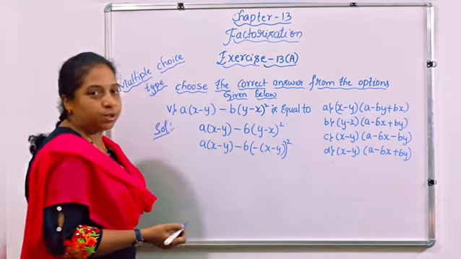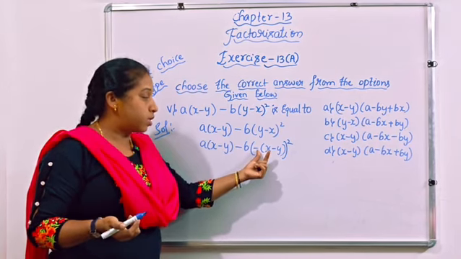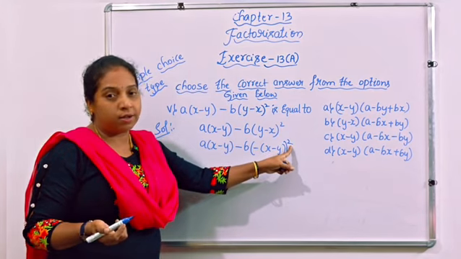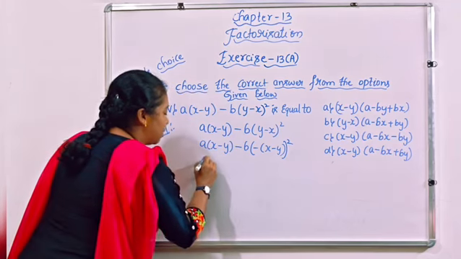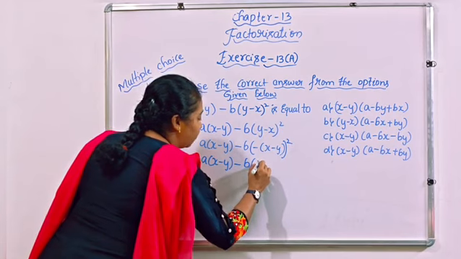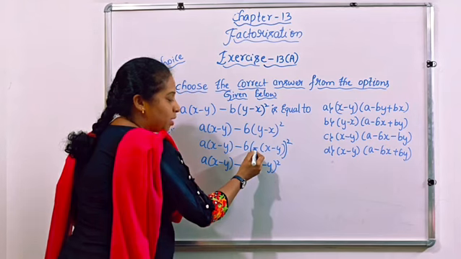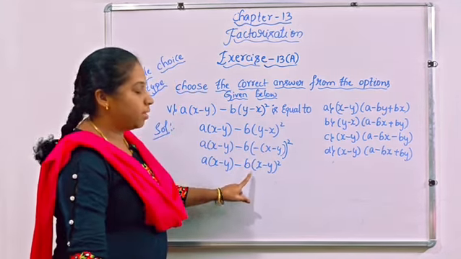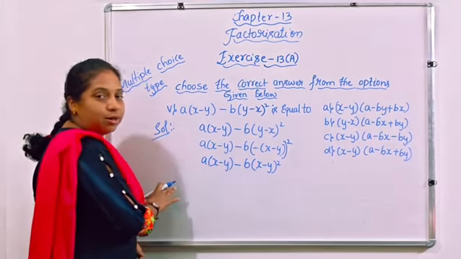Then whole square. Now, as we learnt in exponents, if there is a minus in the base and the exponent is even, then minus will become plus, right? So a into x minus y minus b into x minus y whole square. So minus into minus will become plus, and the minus will be gone here. Now can we take common here?